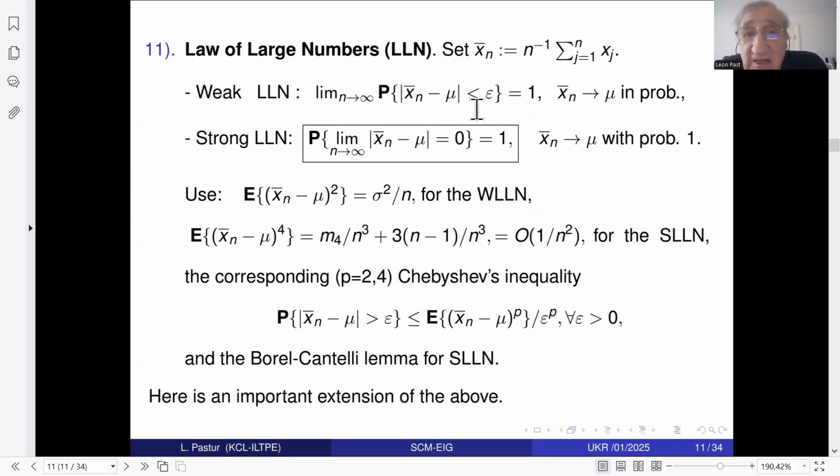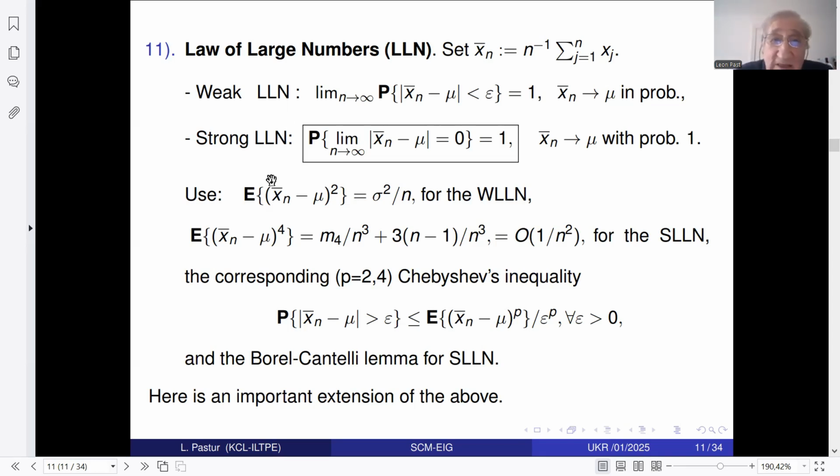And this is the assertion, as I said, that if you form the arithmetic mean of your random variables, the probability that this arithmetic mean differs from the expectation mu by a little amount epsilon tends to 0. Epsilon is fixed but arbitrarily small, n to infinity, and we say that the arithmetic mean converges to the expectation, the real mean, in probability.